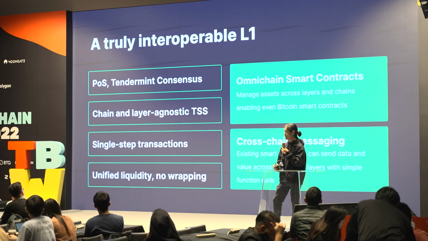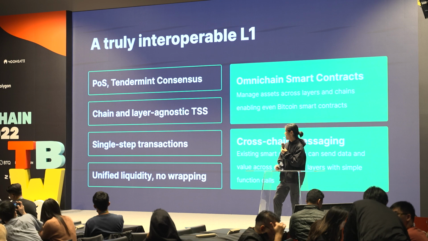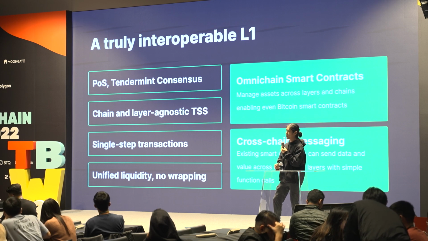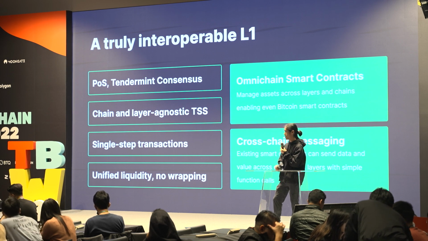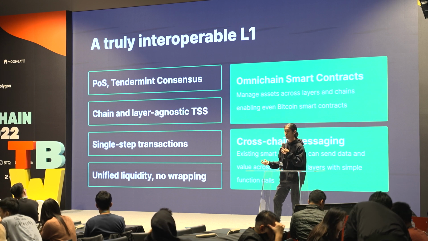I'm sure some of you have worked on either chains or worked directly with that. Proof of stake, it uses something called Tendermint consensus. Nothing super new on the consensus layer, but it uses something called TSS, threshold signature schemes, to be able to act as if it were a wallet on an external chain.